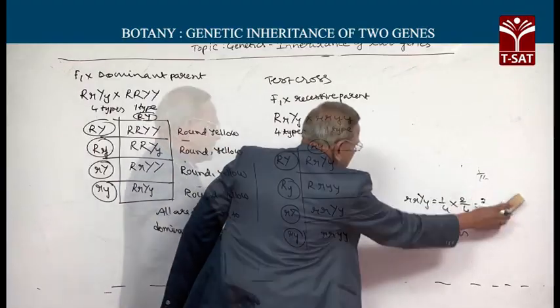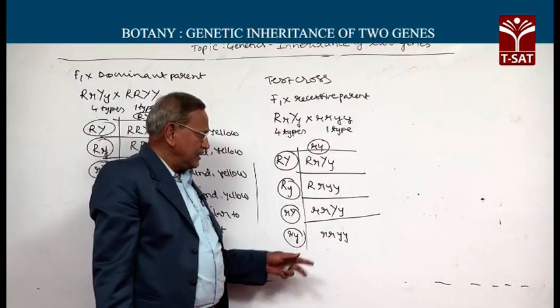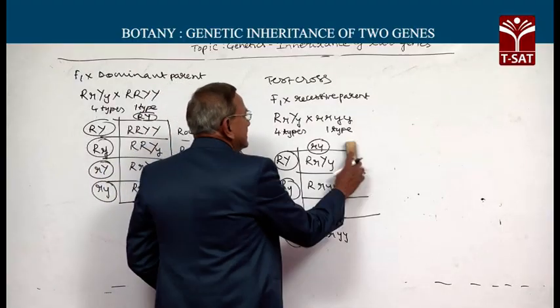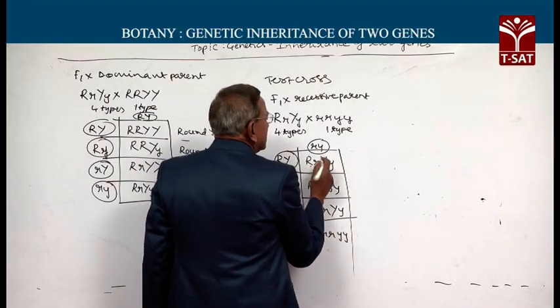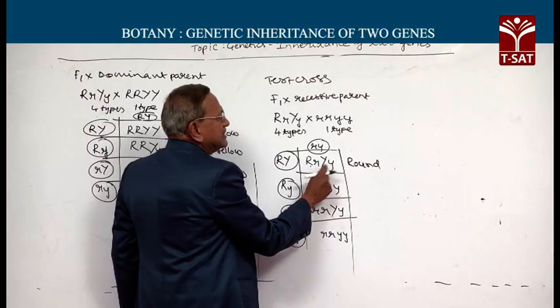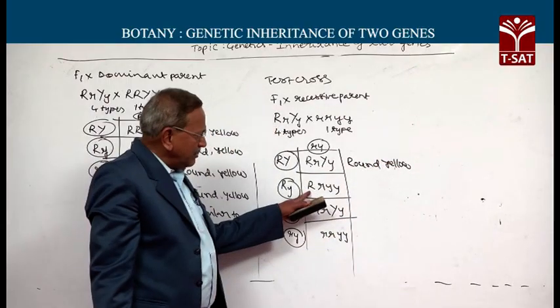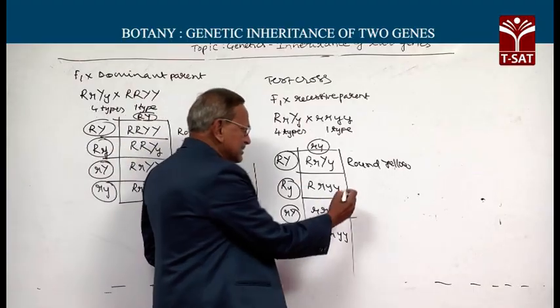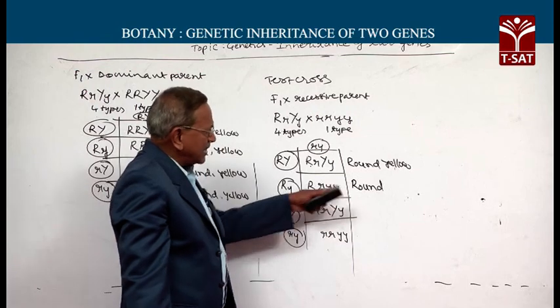What is their phenotype? We are looking at the genotype; we should observe what the phenotype is here. Because of one dominant shape gene it is round, and because of one dominant gene it is yellow. Round and green, since both color genes are recessive.